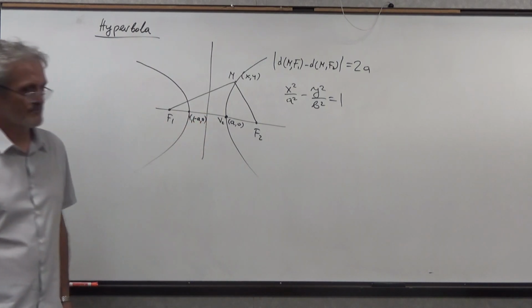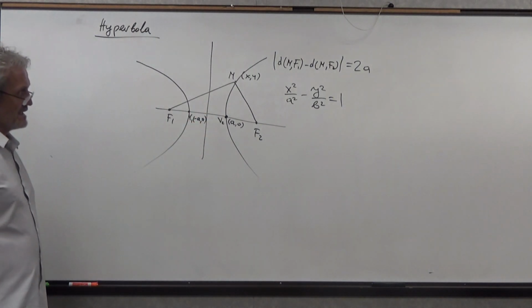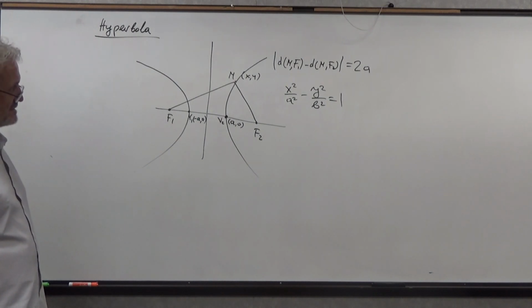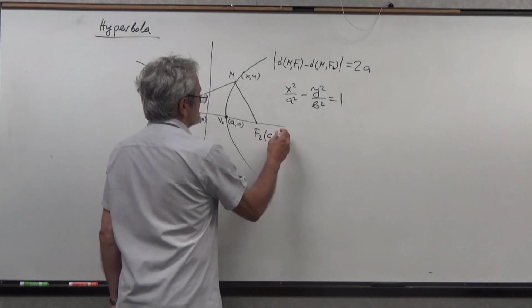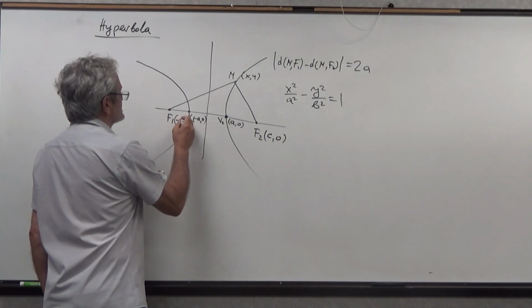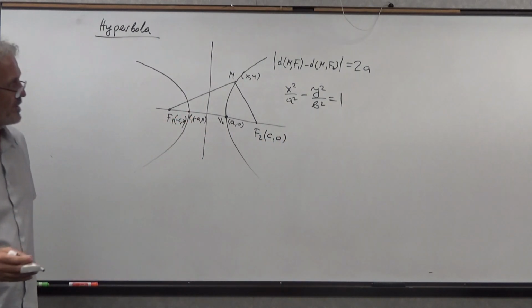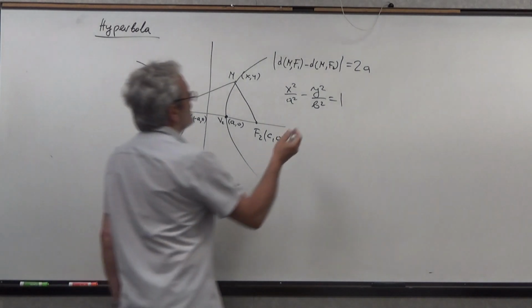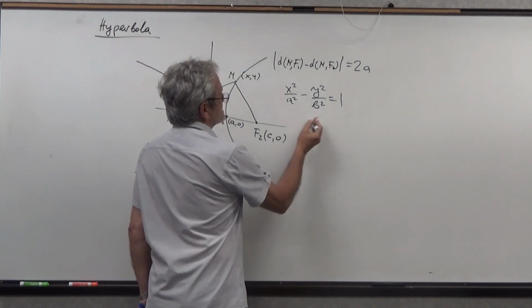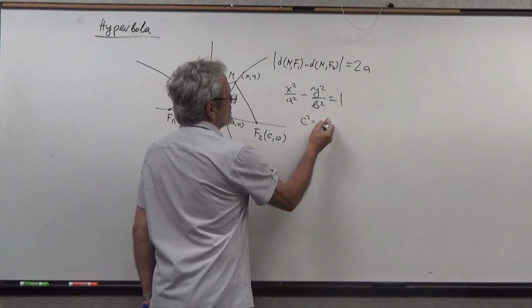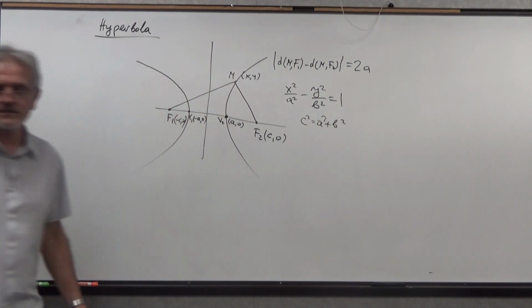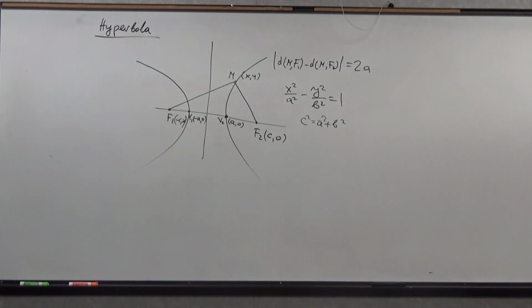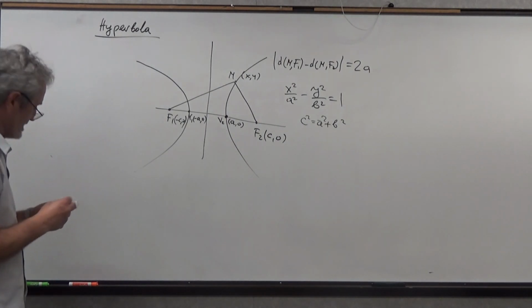And the foci are again (c, 0) and (-c, 0), so they are 2c apart. The formula that connects a, b, and c this time, c squared is the big one, so it's a squared plus b squared. This is what you need to know and memorize. Then there are shifts and a couple of other tricks, but basically that's what it is.